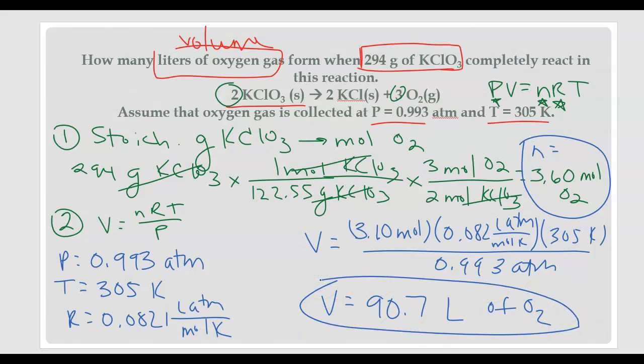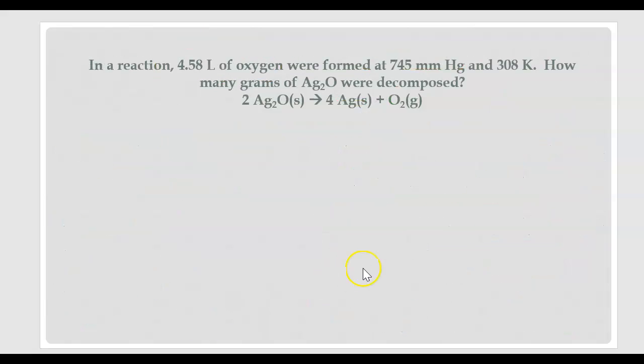All right, so following a similar format, how about you go ahead and try to solve this? In a reaction, we have 4.58 liters of oxygen, so that's our volume. We have our pressure, we have our temperature, and we have our R. So in this case, we're trying to find grams of silver oxide, which is a solid.